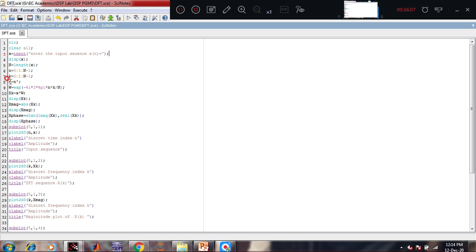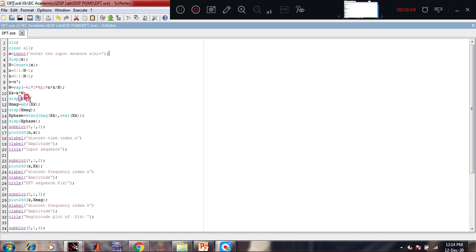That's why I have taken the transpose of n here, that is the input sequence. Then I defined the twiddle factor, that is the W DFT matrix. W is equal to exp of minus percentage i into 2 into percentage pi into n into k divided by n. Then I multiply the input sequence x with this DFT matrix W.